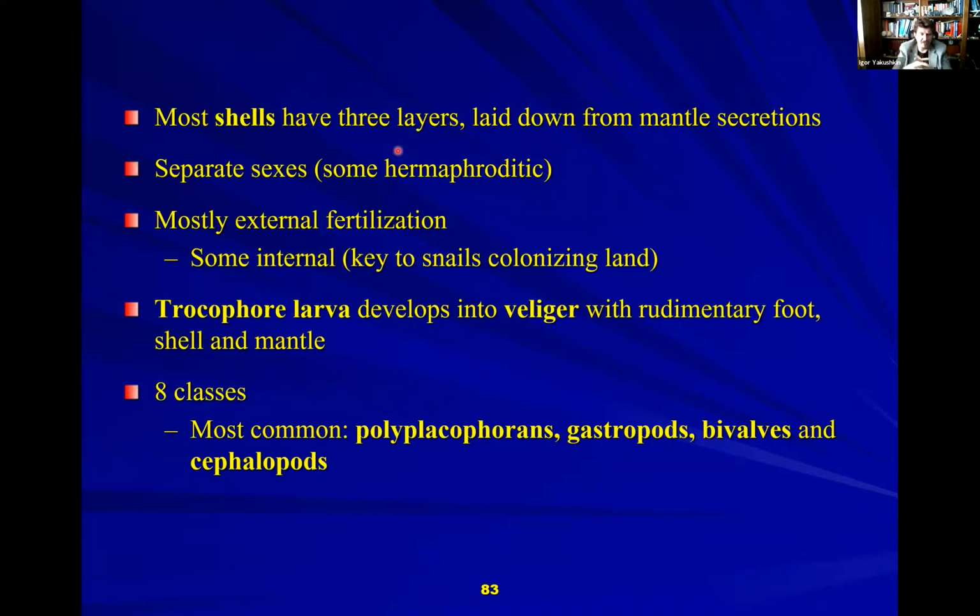Let's say the sperm of snail number one will fertilize the eggs of snail number two. During the same time, the sperm of snail number two will be fertilizing the eggs of snail number one. So see, it's kind of cross-fertilization, technically speaking. So in many cases, it's external fertilization.